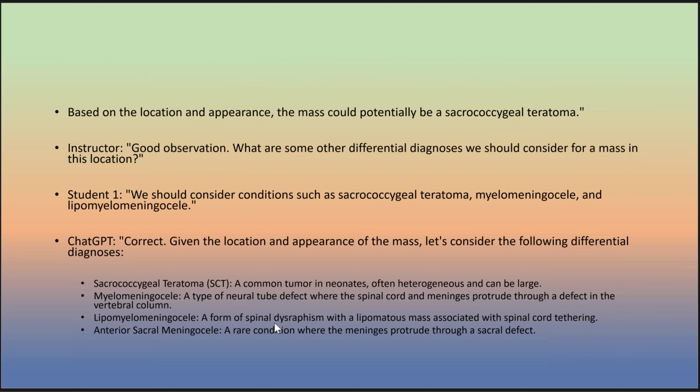Lipomeningocele is a form of spinal dysraphism with a lipomatous mass associated with spinal cord tethering. Anterior sacral meningocele is a rare condition where the meninges protrude through the sacral defect.